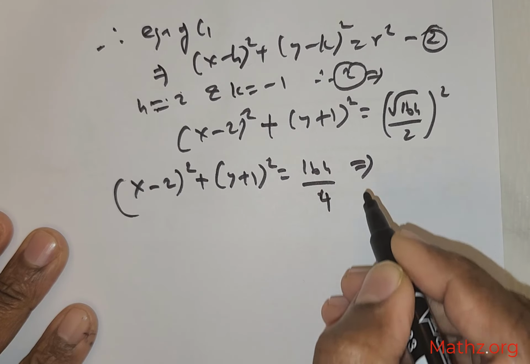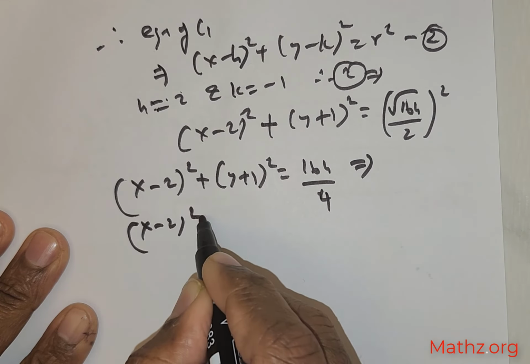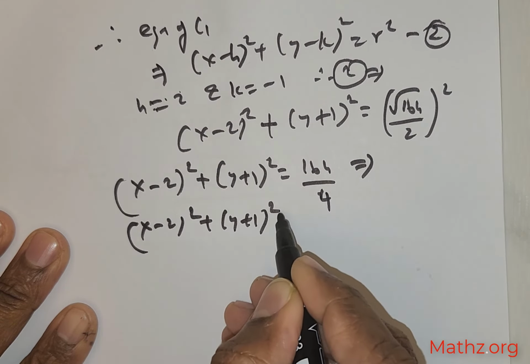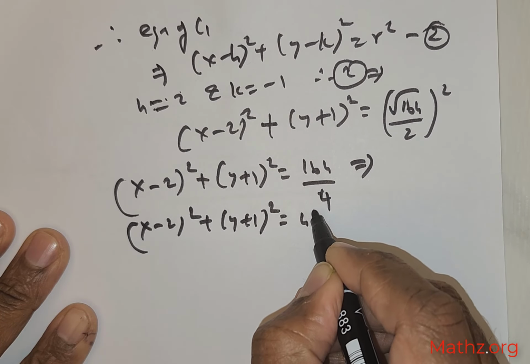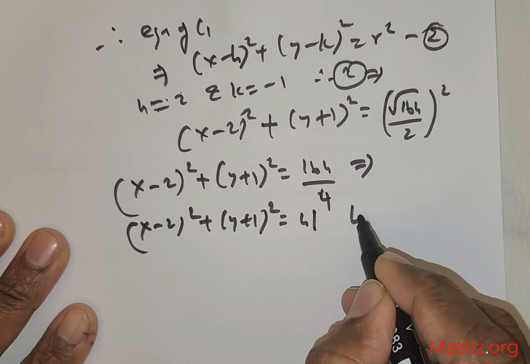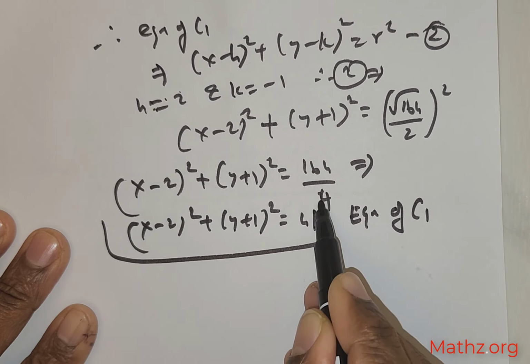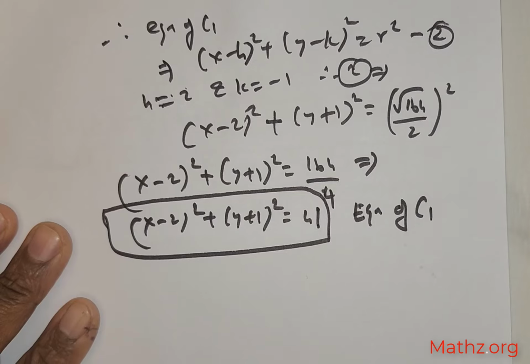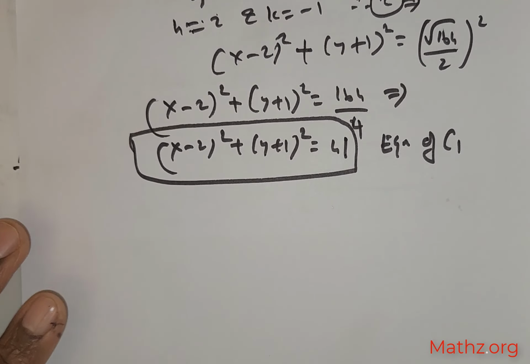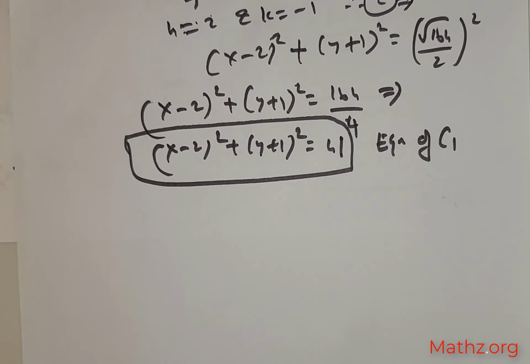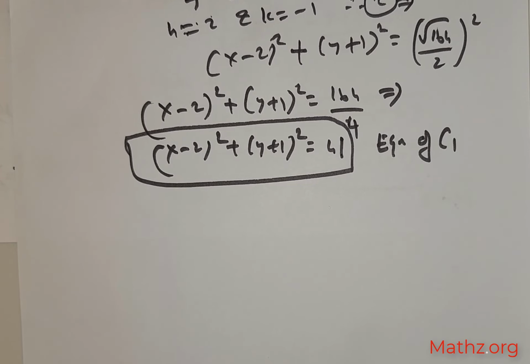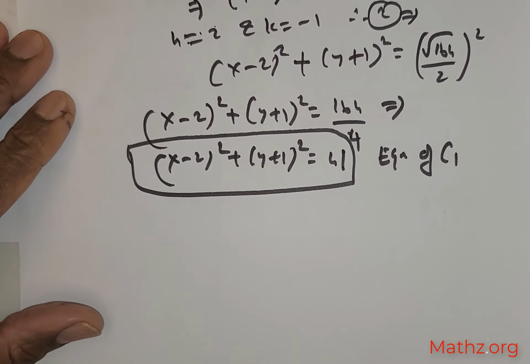So this means x negative 2 the whole squared positive y positive 1 the whole squared is equal to 4 4s are 16 and 1. So this is the equation of C1, right? So you can box this, right? Okay, that's nice. And now we have to get the equation of C2.